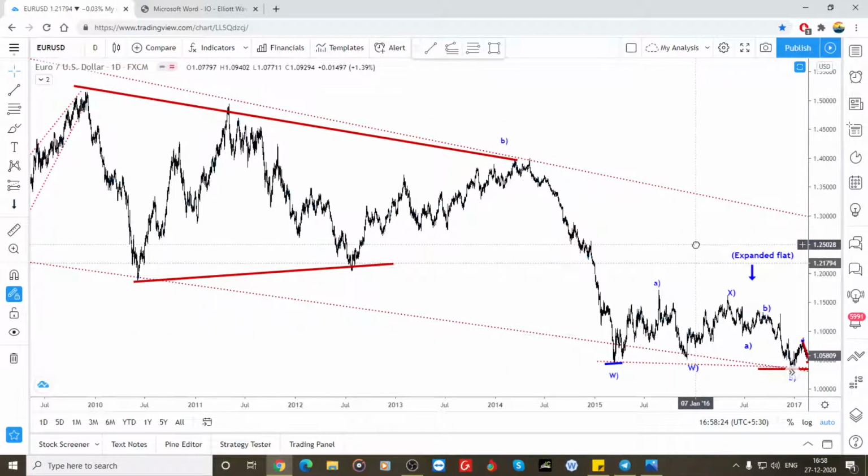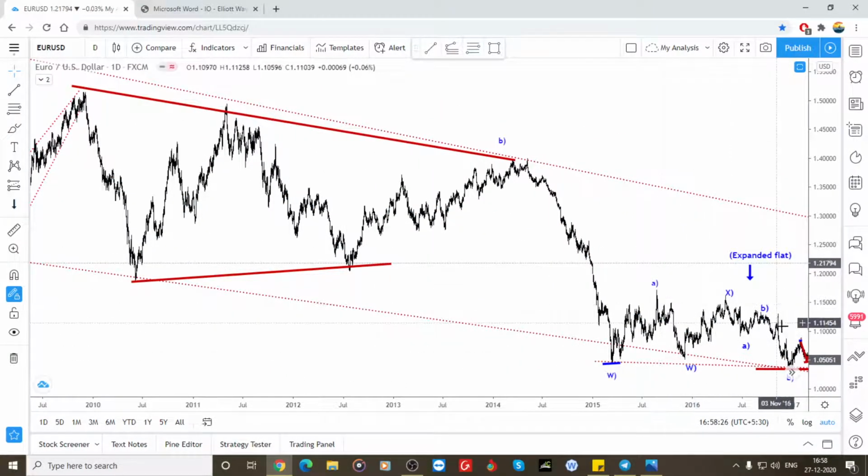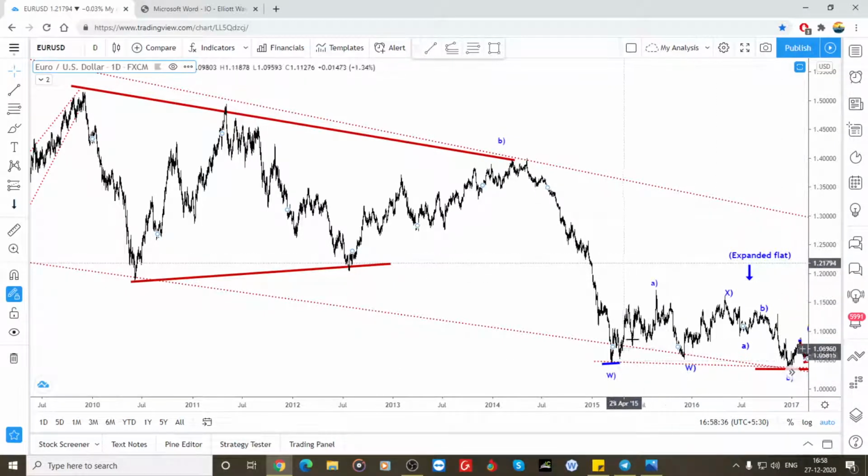In this zone, everybody is looking only for a triangle, or it could be a complex correction, or it could break this low and even go lower. It has already broken the low, so maybe it could make an irregular flat or expanded flat, or it could be a running flat.